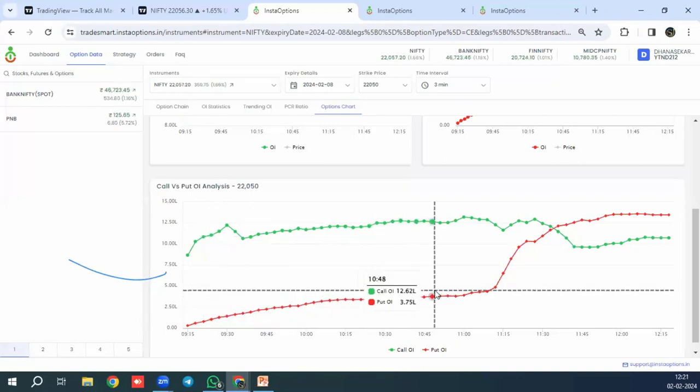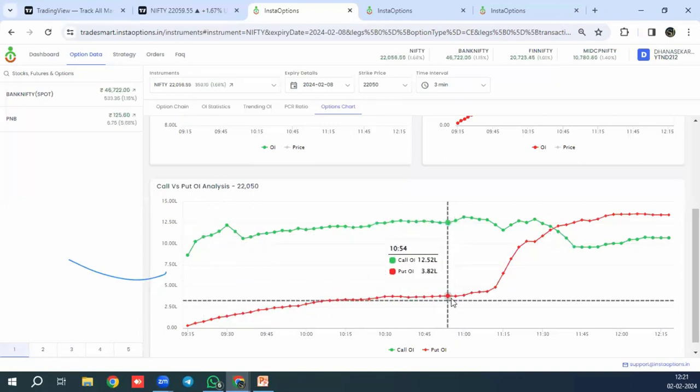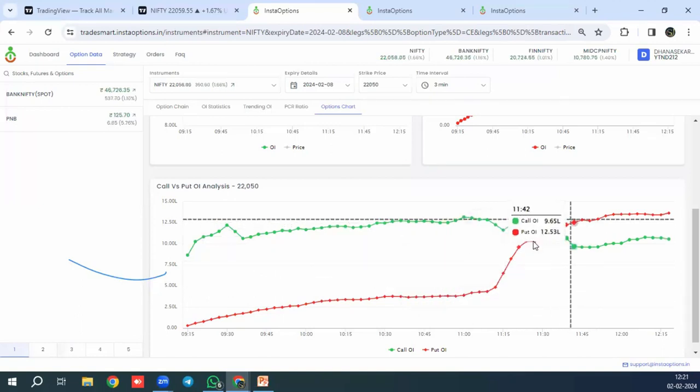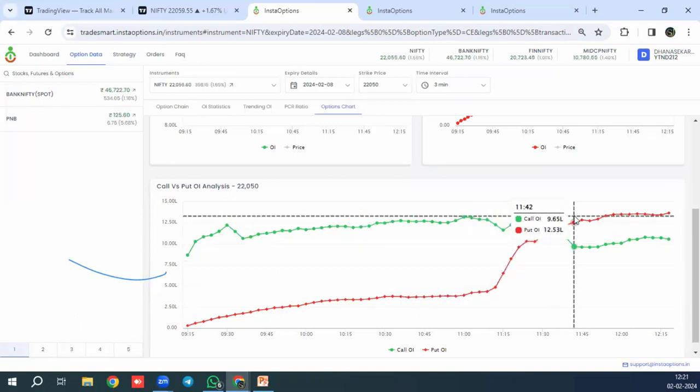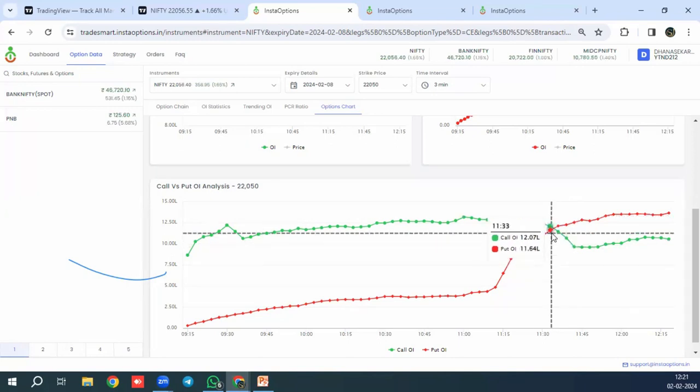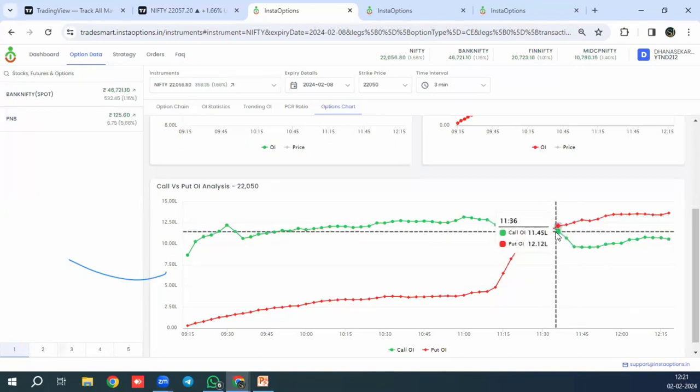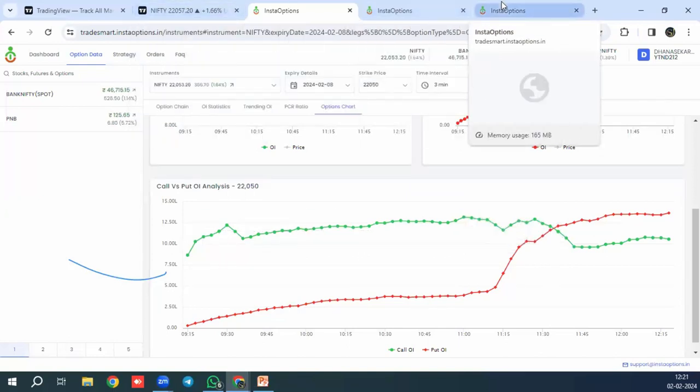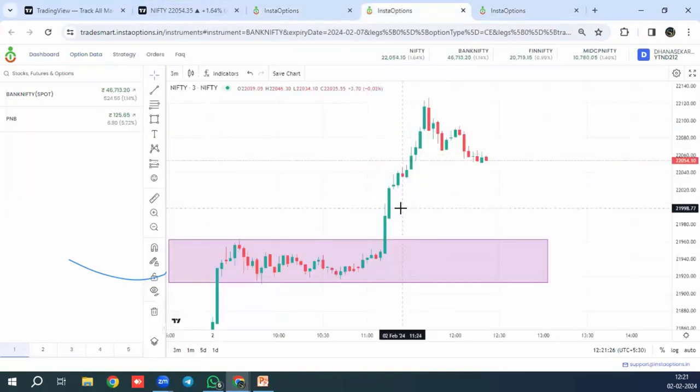Okay. So when these two are crossing over, that is when we need to enter a trade if you are using only ATM analysis. Okay. So when there is a crossover, we can see here it is around 11:36, right? We can see in the chart as well, 11:36.